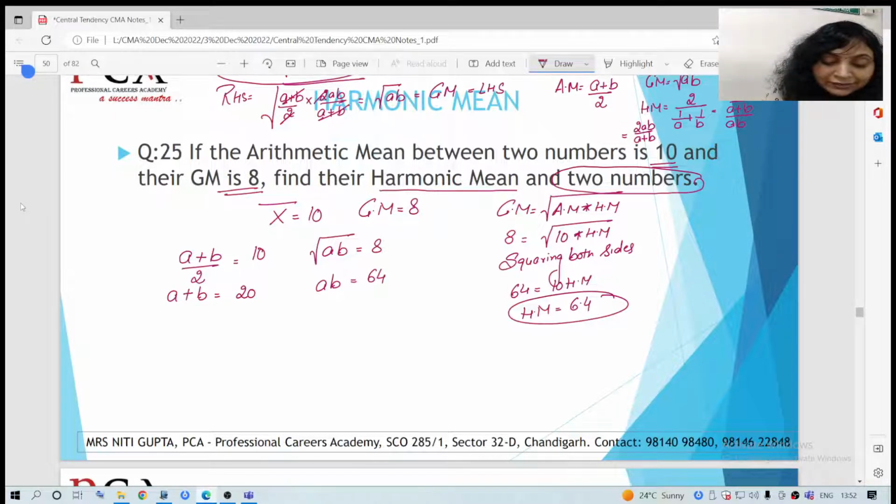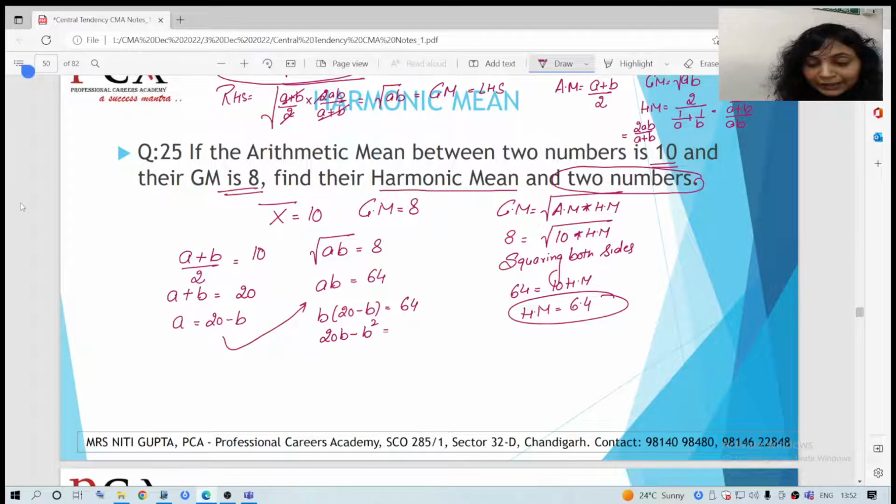Now simply take a equal to 20 minus b and substitute this value in this equation: b(20 minus b) equals 64. So this is 20b minus b square equals 64. Taking the entire equation to the right hand side, we get b square minus 20b plus 64 equals 0.